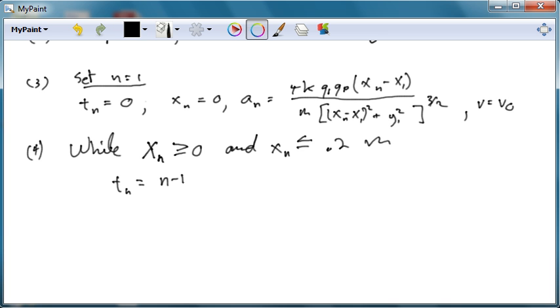I think I gotta bump up N first, so I go N equals N plus 1. Tn is equal to that.